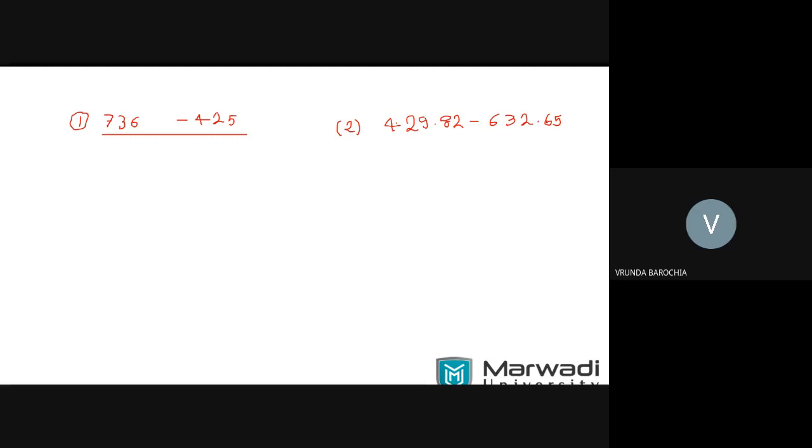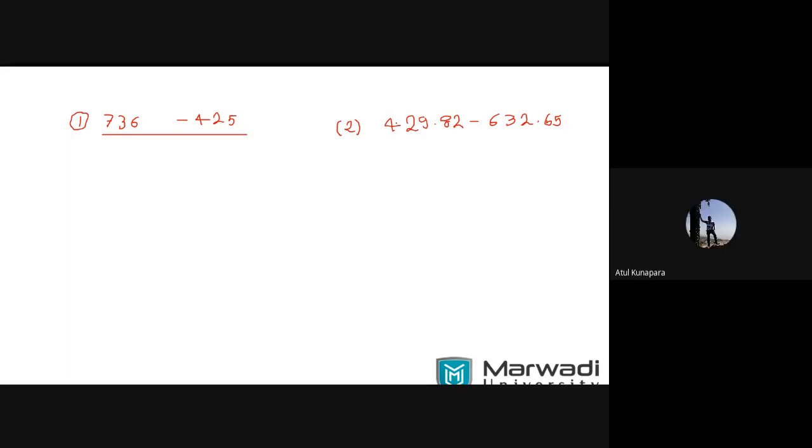You have added 429.82 plus the nines complement of 632.65, right? That gave 367.34.